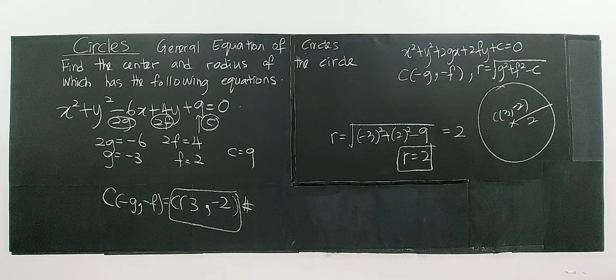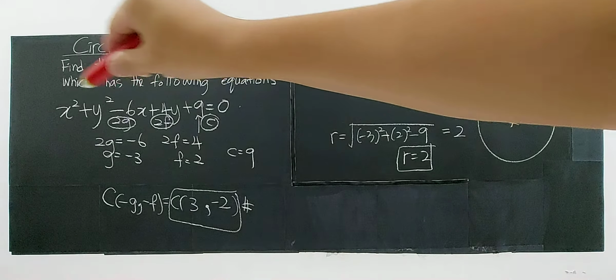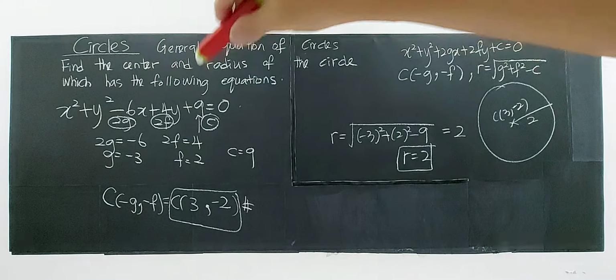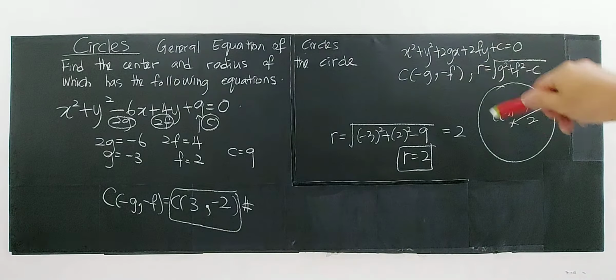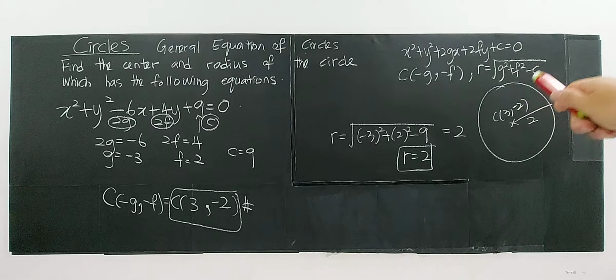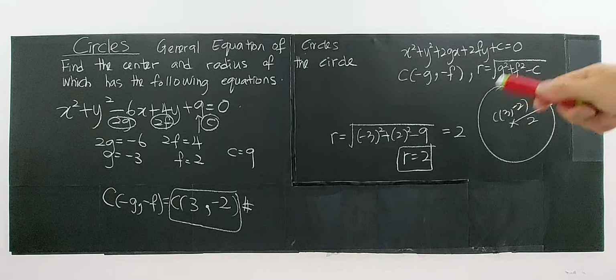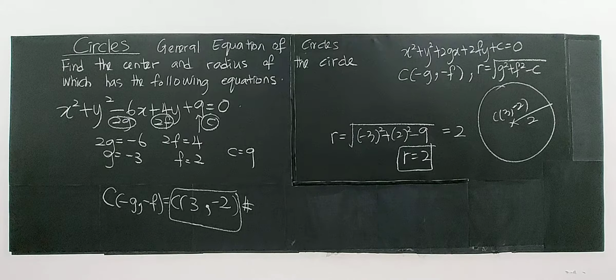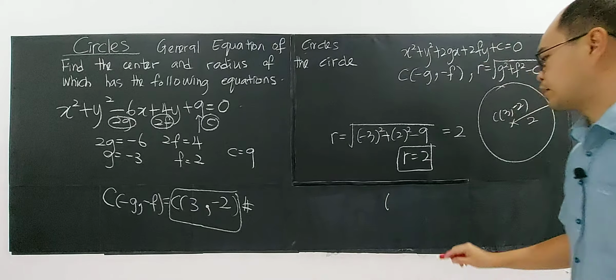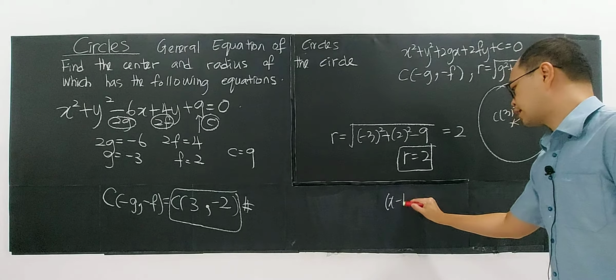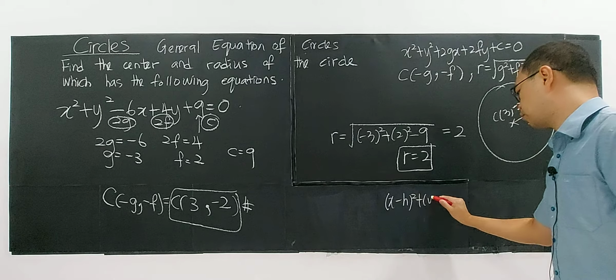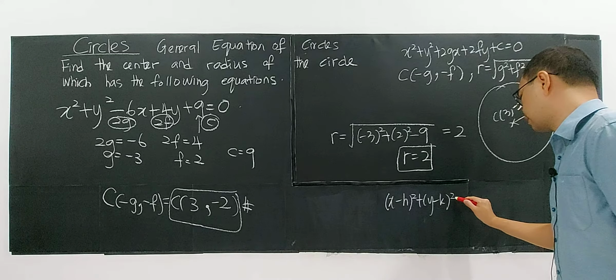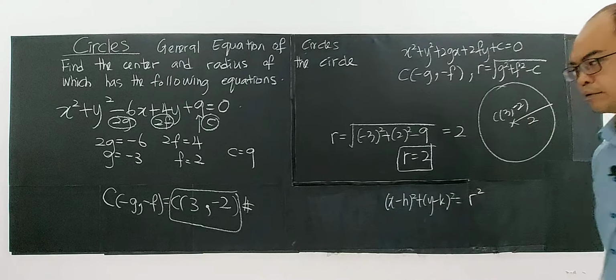So once we know the general equation of the circle, we can identify the center, we can identify the radius, and we also can rewrite this in the form of the standard equation if you want, right? The standard equation here is very easy, so it will be x minus h squared plus y minus k squared equals r squared, right?